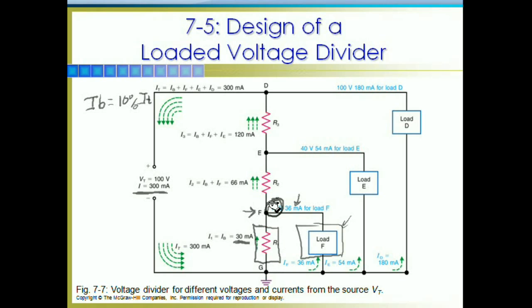So, where am I going to go from there? Well, R1, 30 milliamps, 18 volts. So 18 volts over 30 milliamps. 18 volts over 30 milliamps is what? 18 divided by 0.03 equals 600 ohms.